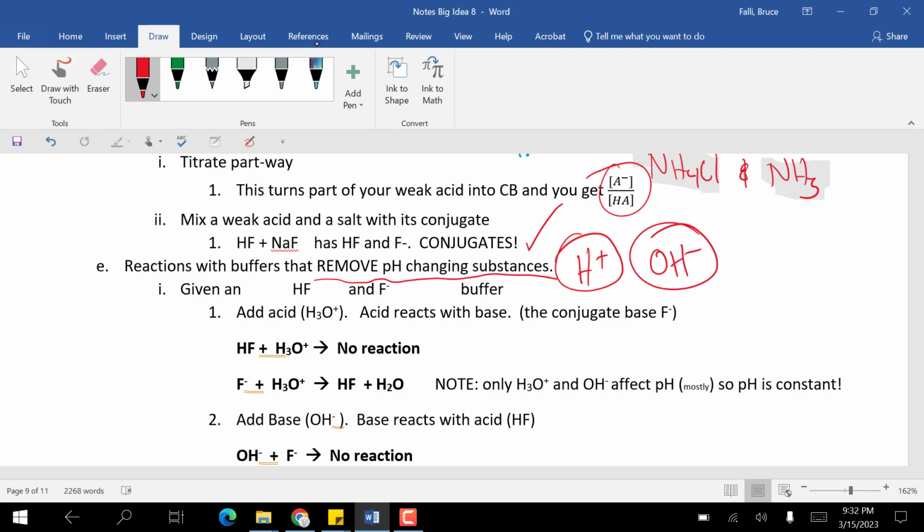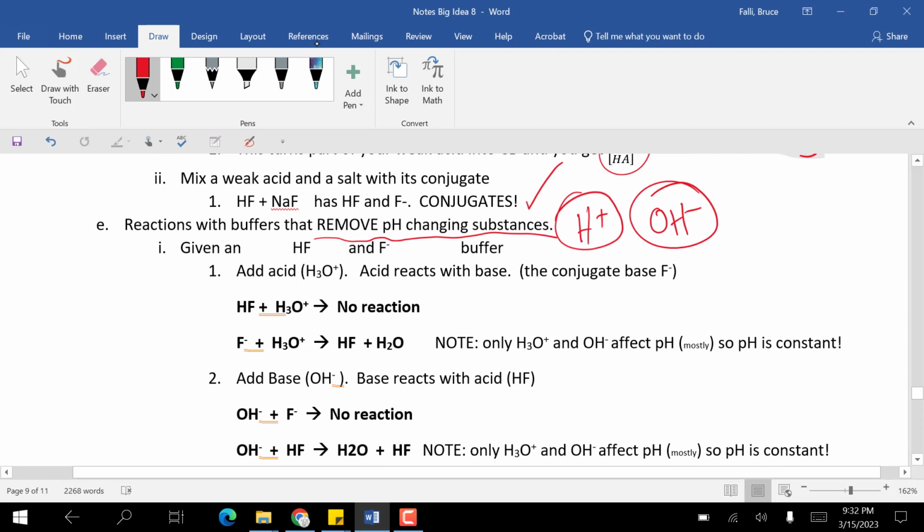So given an HF and an F negative buffer, if I had H3O positive, okay, so what happens is if HF reacts with H3O positive, there's nothing attractive about that. But if I have F negative and H3O positive, remember they're both there, so they're both available to do that.